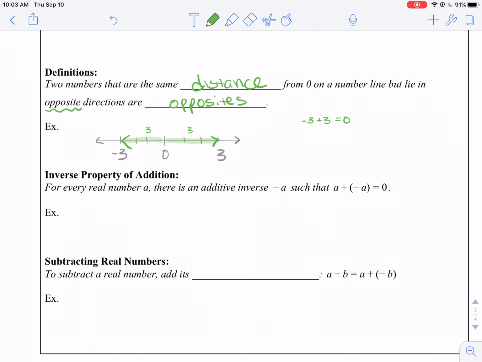They're opposite. Another set of opposites could be -1/2 and a positive 1/2. They're both half of a unit away from 0, and -1/2 plus a positive 1/2 is equal to 0. They cancel out because they're opposites.